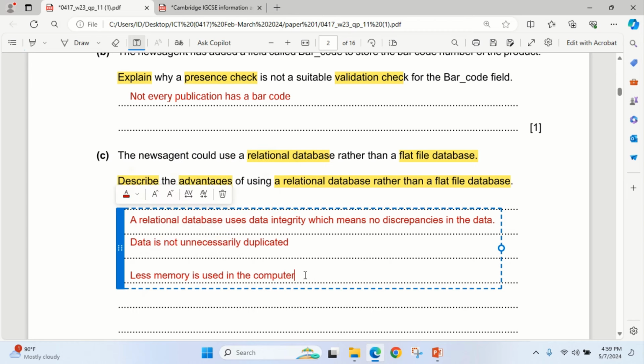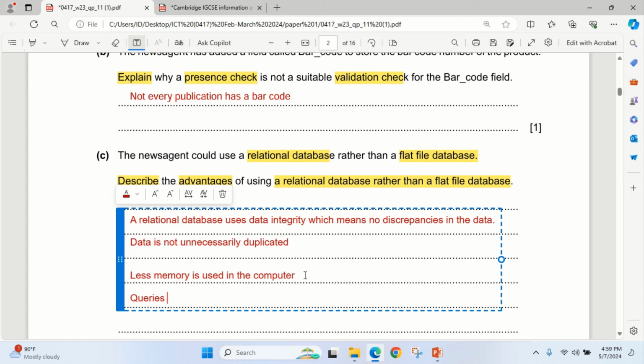Then you can also say that queries can be created using many tables. You can create complex queries from several tables that are joined together.